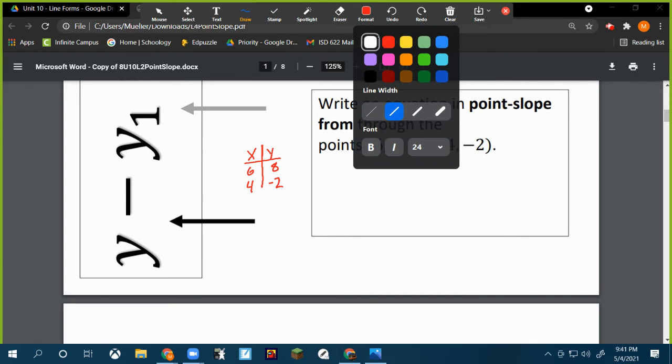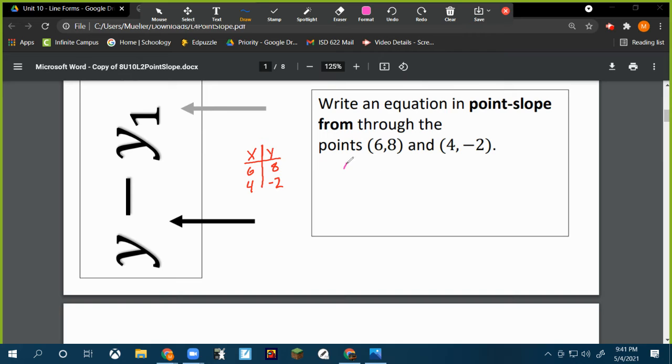We need to identify the slope, which is the change in y over the change in x. Change in y, 8 to -2 is -10. Change in x from 6 to 4 is -2. That can be reduced down to -10 divided by -2 is +5. That is your slope. Now we can write our equation.